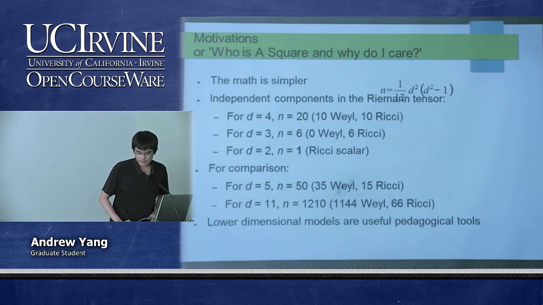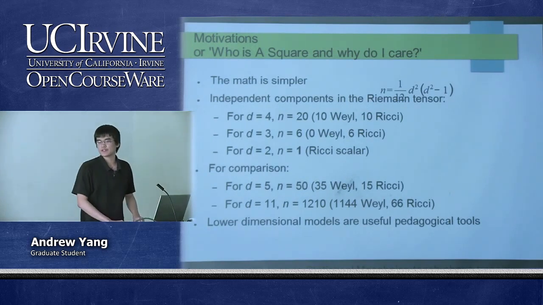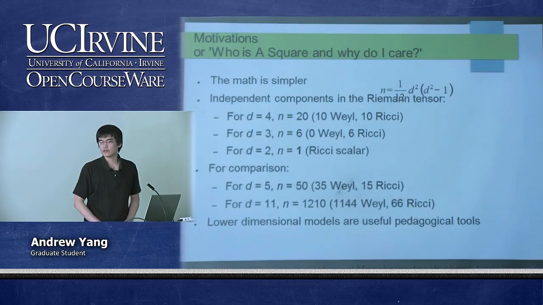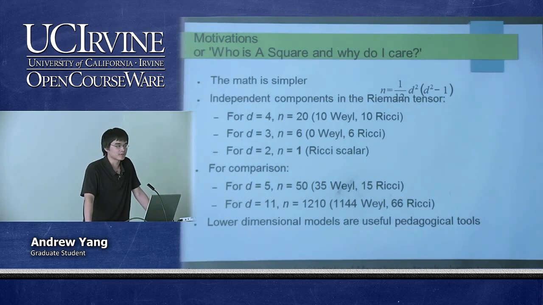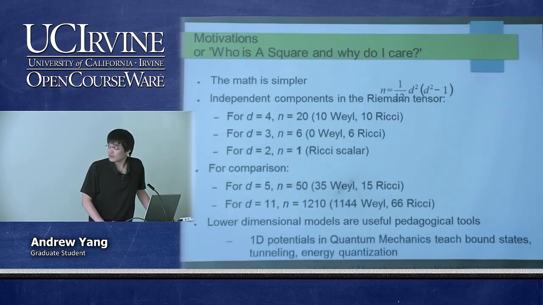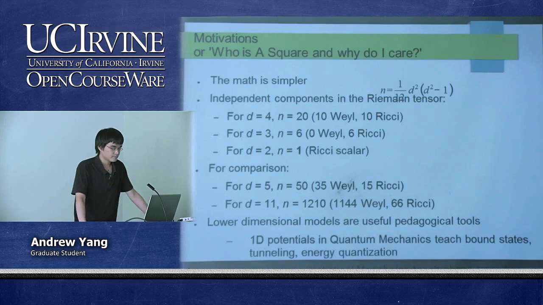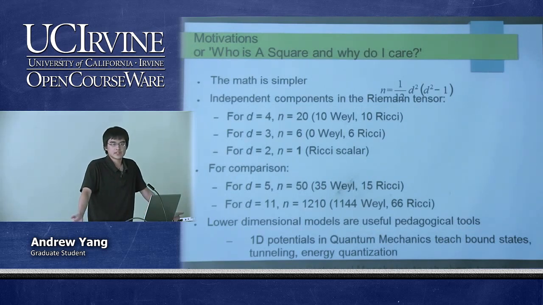When we think about other fields of physics, for example, when we originally learned quantum mechanics, one of the first things we do is solve the Schrödinger equation in one-dimensional potentials. Because even though it is a simplified model, you can be introduced to the basic ideas of bound states, tunneling, and energy quantization.